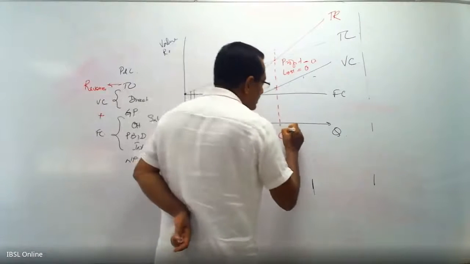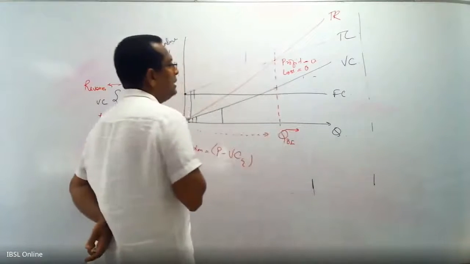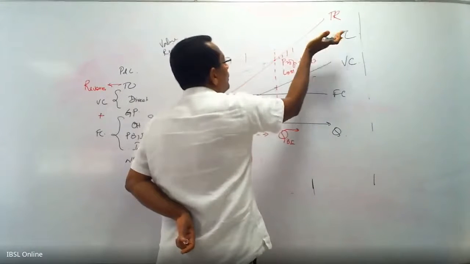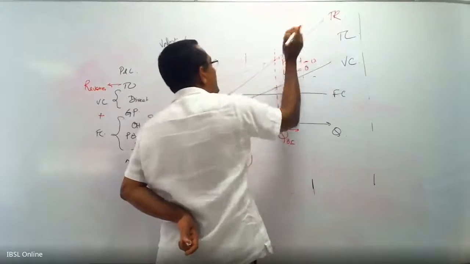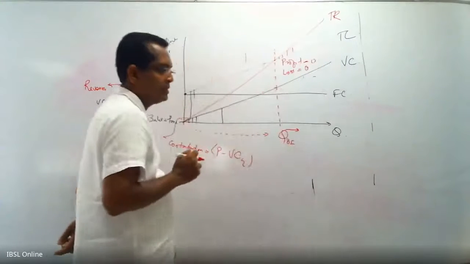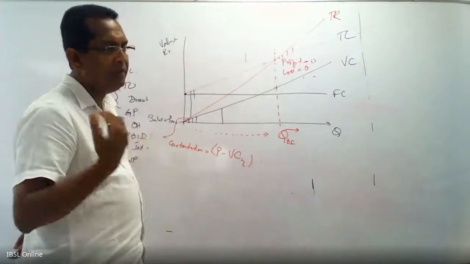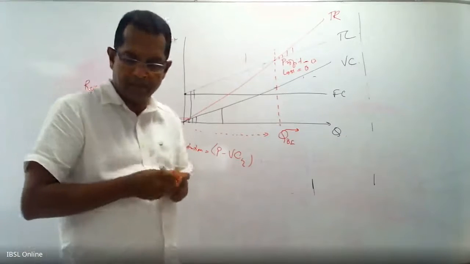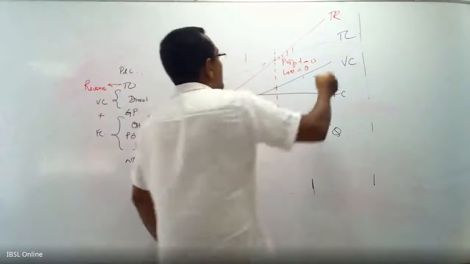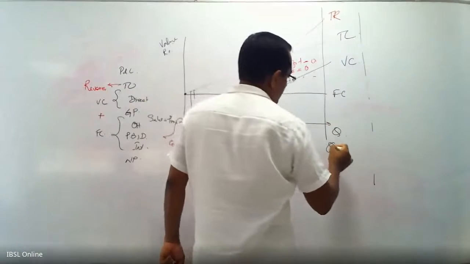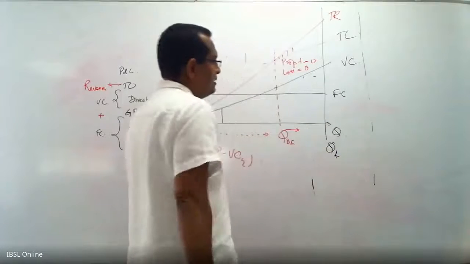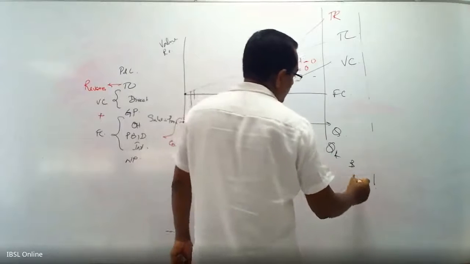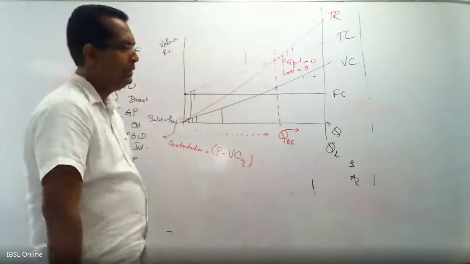When you increase the quantity you sell from here, you start getting profit. See, your total cost is lower and revenue is higher. So you are getting profits. Right? Then we went on to speak about something called margin of safety. We say we have a quantity here, quantity A, which is maybe the budgeted quantity or the actual quantity, right?